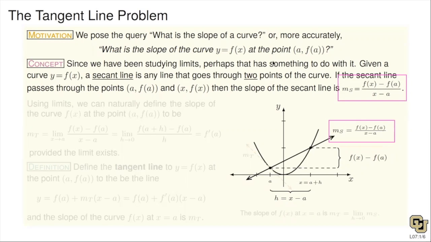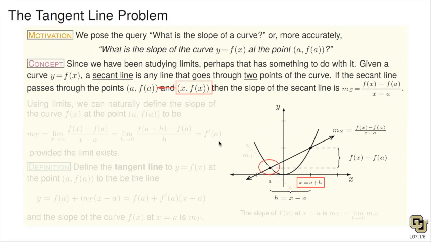Now here's the theory. I want to find the slope of this curve at the single point a, not over these 2 points, not over an interval. The theory is very simple. Let's just use a limit. Let's take this second point, (x, f(x)), and make it go closer and closer to (a, f(a)), and at each step calculate the slope of the line.